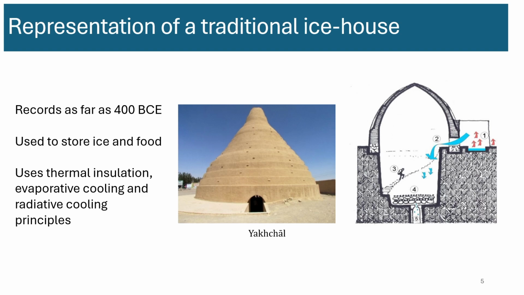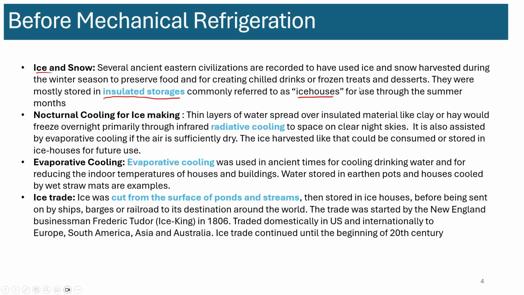They also use additional cooling effects similar to what I just mentioned, the evaporative cooling and radiative cooling, which we'll get to in a second. Such storage was one of the first ways they used ice to create desserts and frozen treats throughout the year. So that was a cool trick that our forefathers did.